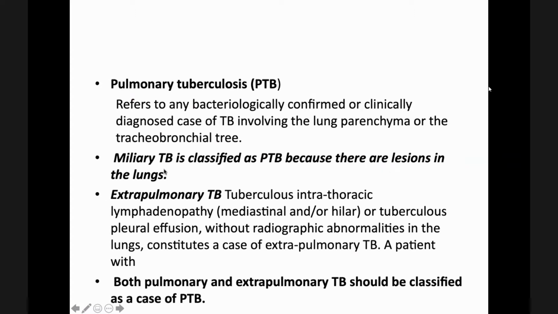While extrapulmonary TB includes intrathoracic tuberculosis, like mediastinal or hilar lymph node involvement, or tuberculous pleural effusion without radiographic abnormalities in the lungs. A patient with both pulmonary and extrapulmonary TB is classified as a case of pulmonary tuberculosis.